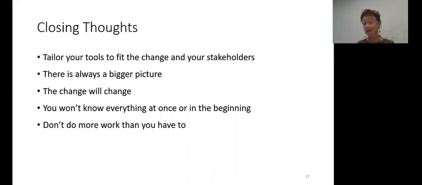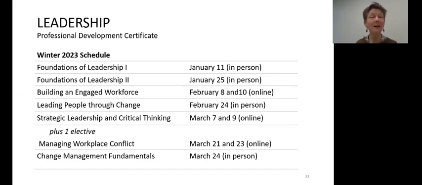I'm quite sure this information is all to be shared after the presentation. This material, as I mentioned, is part of the leadership development, professional development certificate that MacEwan offers. And this is the schedule for the winter term. And the idea is that with these courses, you're able to get through them in one term.